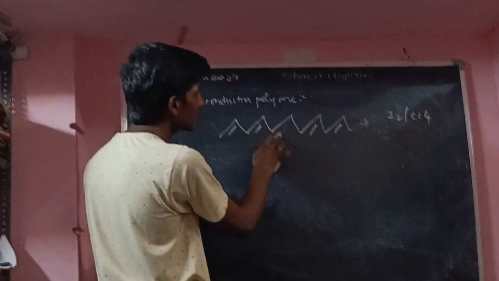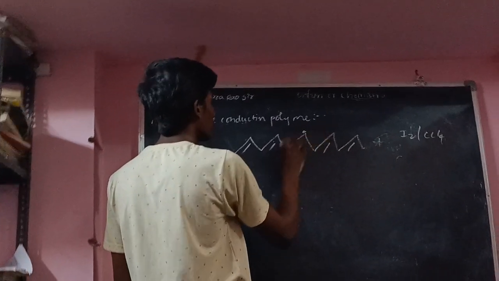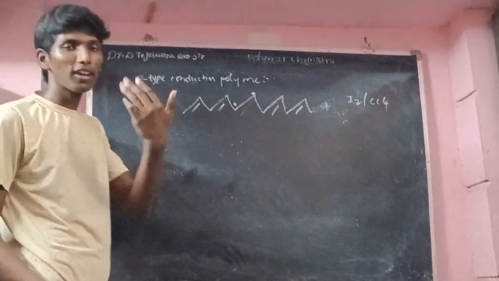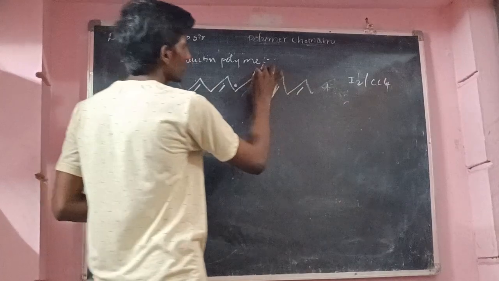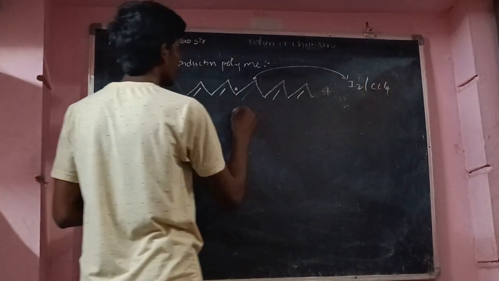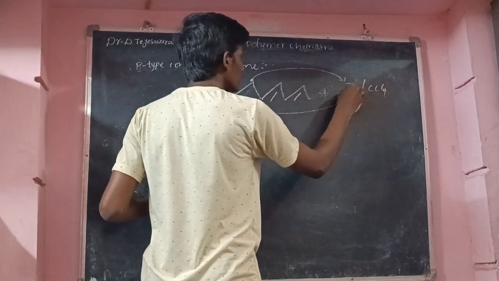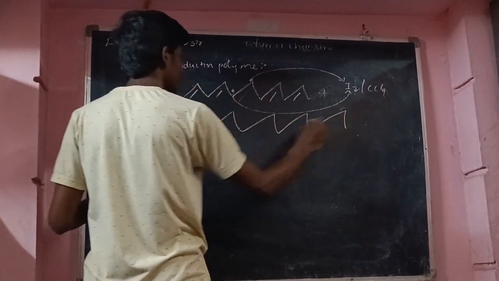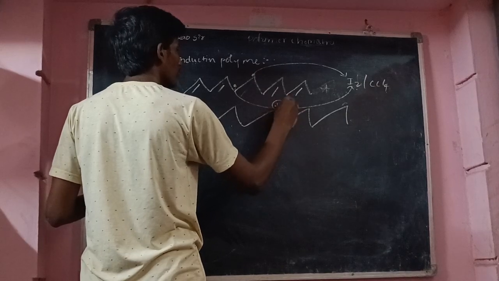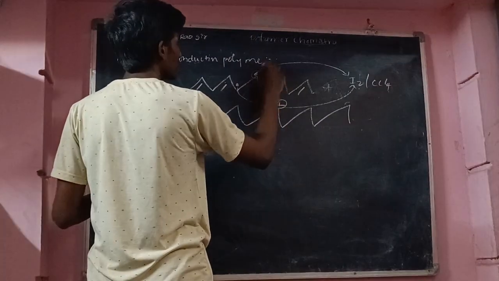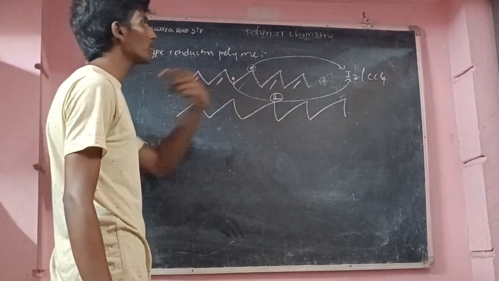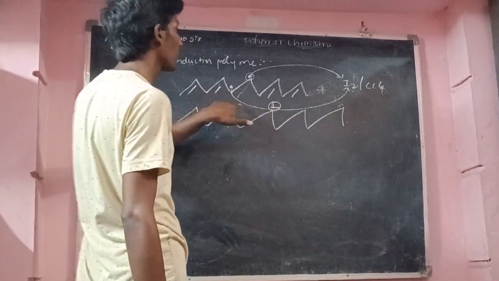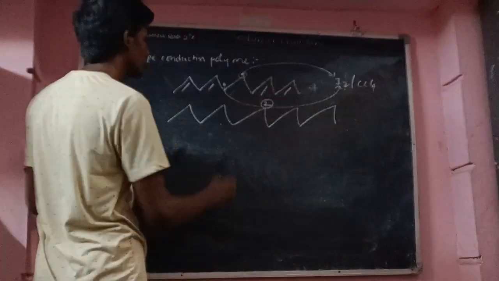This bond can be represented as two electrons, one for either side, and a Lewis acid accepts a pair of electrons. This electron is donated to this, and this electron also is donated, and in the next structure the carbon gets a positive charge, and this electron is also given to that, so it also gets a positive charge.